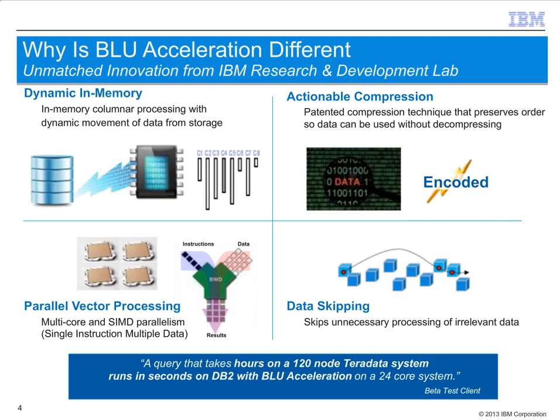And the last one is data skipping. And that means only load the data you specifically need for your queries instead of having to load all the data. So we introduced 4 basic technologies that help us deliver industry-leading performance for our in-memory database technology through Blue Acceleration.